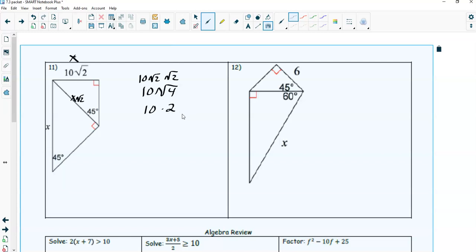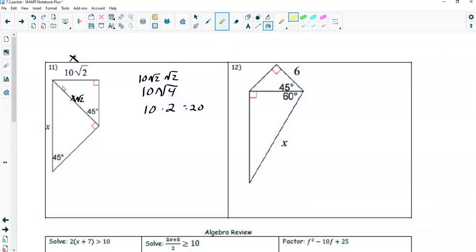That means that is 20. So this hypotenuse right over here, this one right here, that is 20. Since that is 20, then the x, which is the other hypotenuse, must be whatever that leg is, which is also 20, times the square root of 2. So x is equal to 20 times the square root of 2.